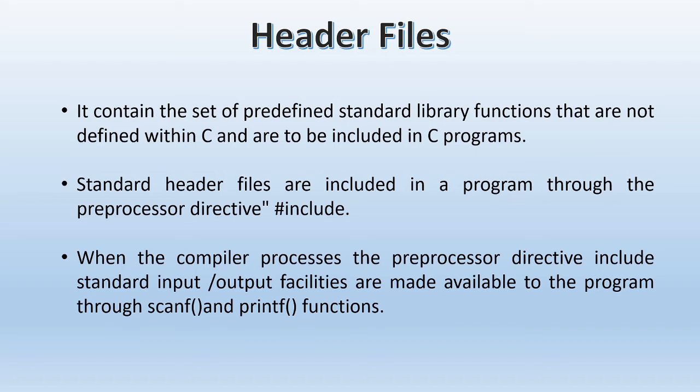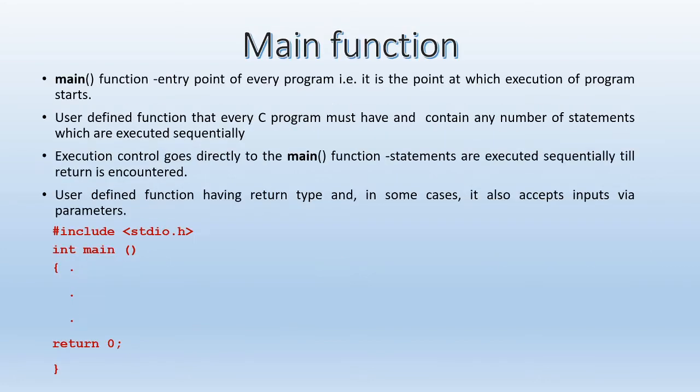Here hash is the preprocessor directive, and include tells the compiler to include something in your program. When the compiler processes the directive, it includes the standard input-output facilities that are made available to the program through the scanf and printf functions. So when you are availing input and output facility, you need to include the standard library in your program.